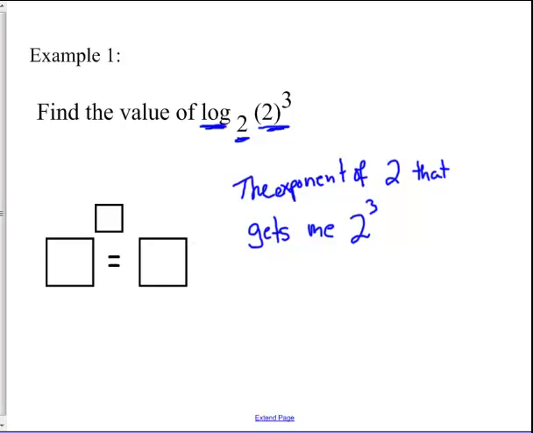Is it as easy as it sounds? Yes. So the exponent of 2 that gets me 2 to the third, I guess that question mark has to be 3.